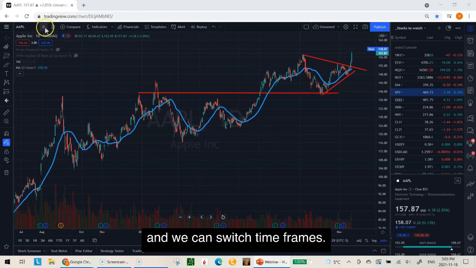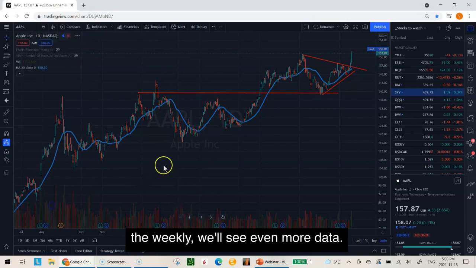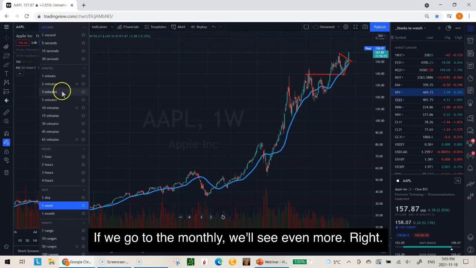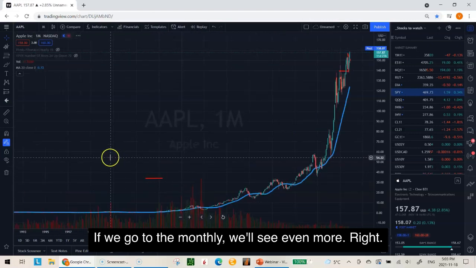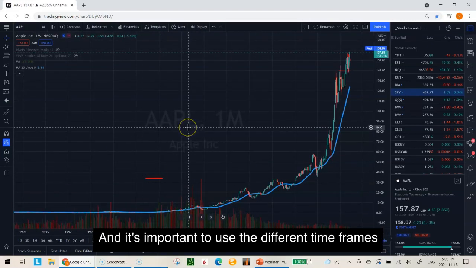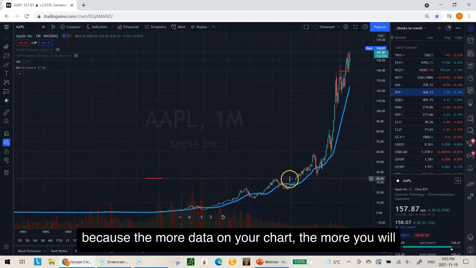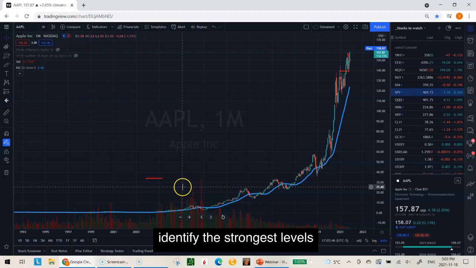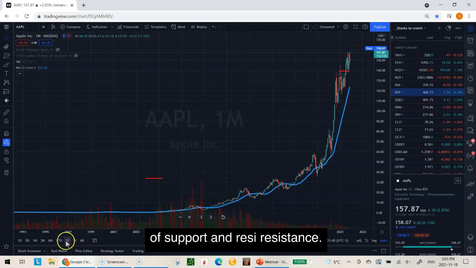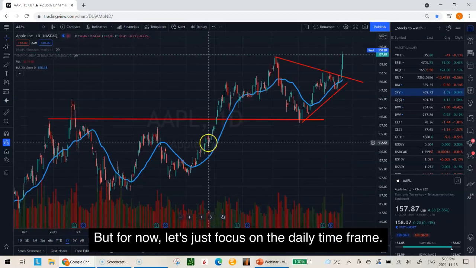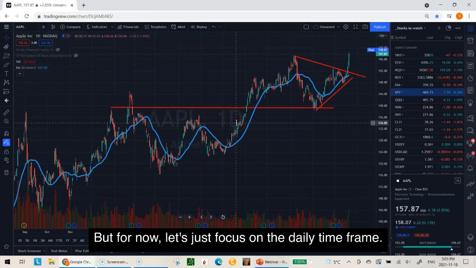And we can switch time frames, right? If we go to the weekly, we'll see even more data. If we go to the monthly, we'll see even more, right? And it's important to use the different time frames because the more data on your chart, the more you will identify the strongest levels of support and resistance. But for now, let's just focus on the daily time frame.